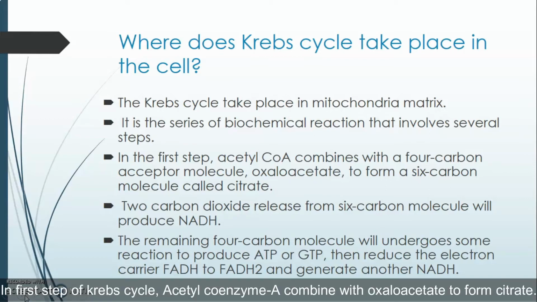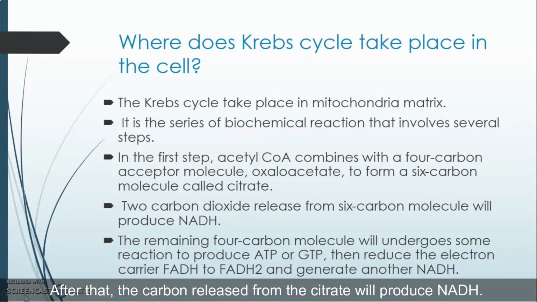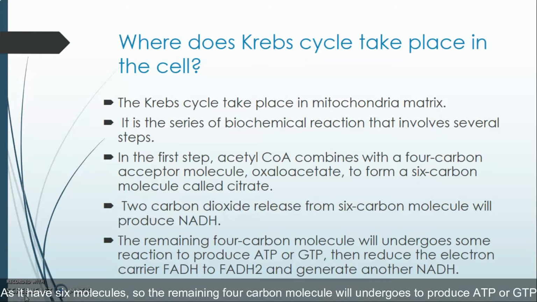In the first step of the Krebs cycle, acetyl coenzyme A combines with oxaloacetate to form citrate. After that, the carbon released from the citrate will produce NADH. As it has 6 carbons, the remaining 4 carbon molecules will undergo reactions to produce ATP or GTP.